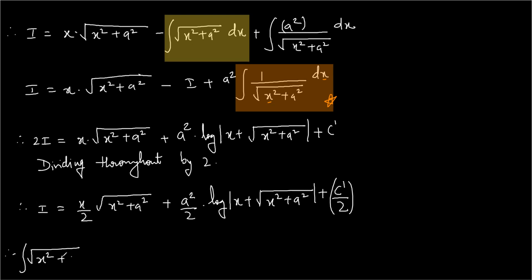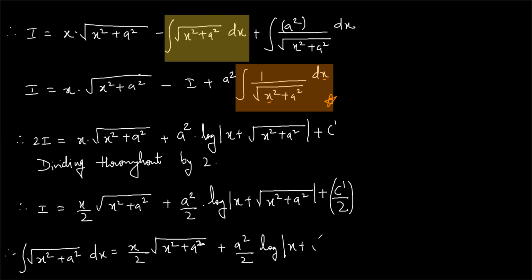Integral of square root of x square plus a square dx will be equal to x upon 2 square root of x square plus a square plus a square upon 2 log of mod of x plus square root of x square plus a square plus c, where c is equal to c dash upon 2. Okay, so this is the final result that you obtained after the derivation.